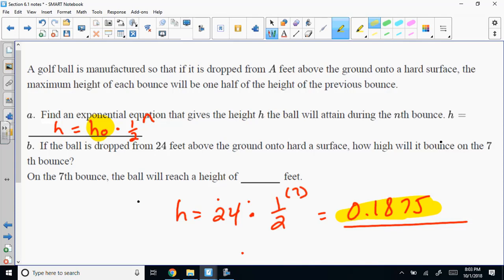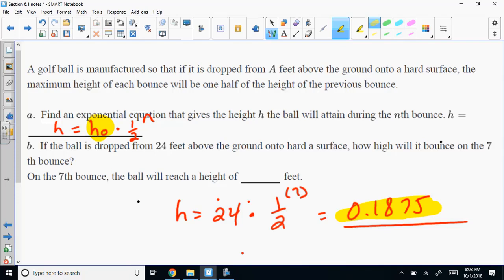$10,000, right? So it's ten thousandths. Say it as a decimal. So it's got to reach a height of 0.1875 feet. Of a foot, yeah.